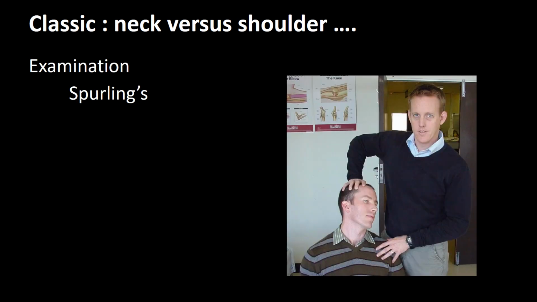On examination, one can perform the Sperling's test, as demonstrated in this photograph. The patient's neck is rotated towards the side of the complaint, extended with some downward pressure to recreate the pain experienced down the arm.